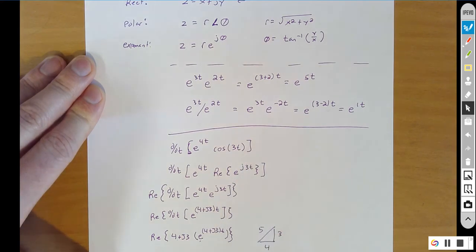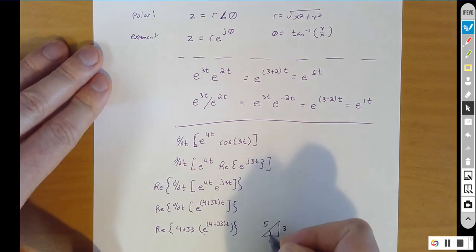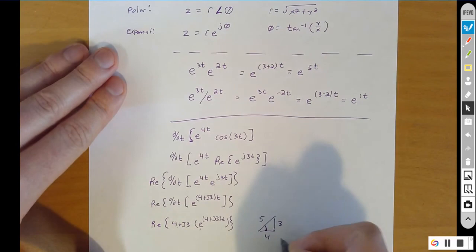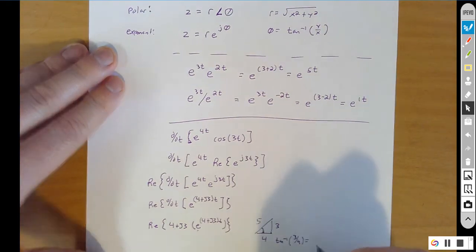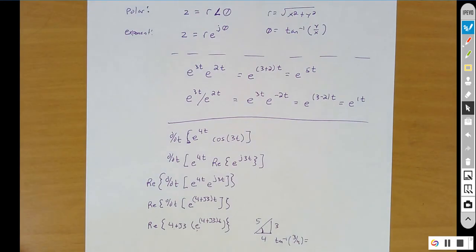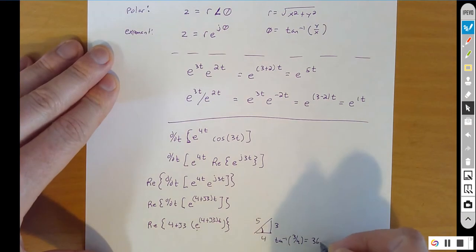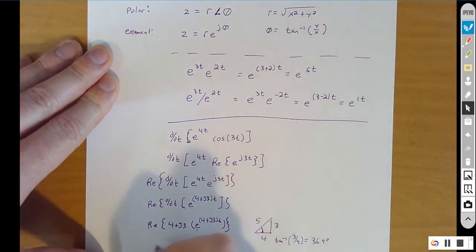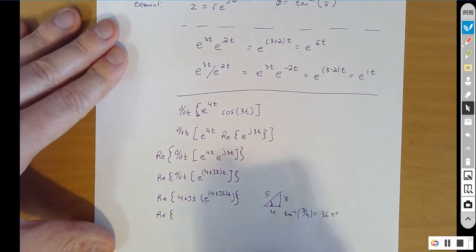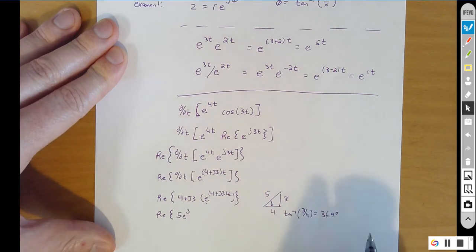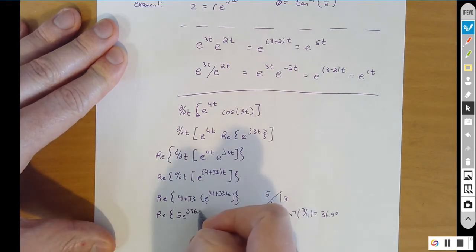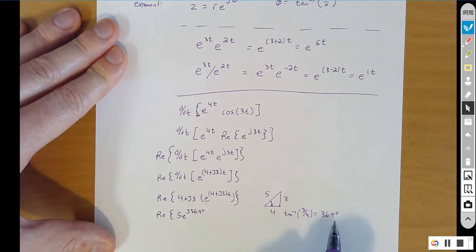This is a 3, 4, 5 triangle, and the angle is going to be this angle right here, and that is the tangent inverse of 3/4, which you will find to be 36.9 degrees. So that becomes 5e to the j36.9 degrees.